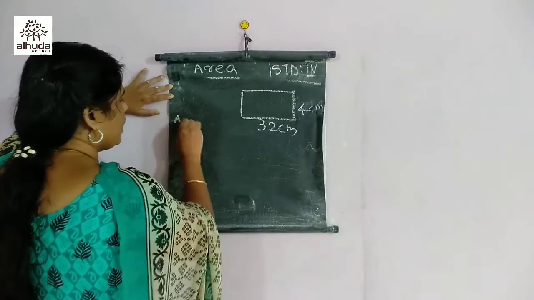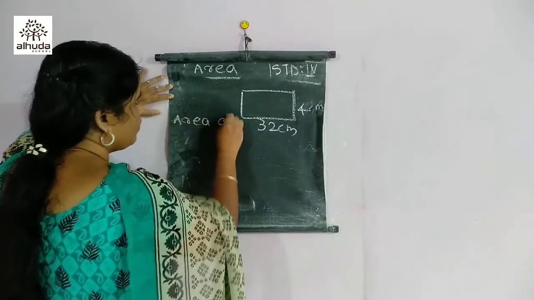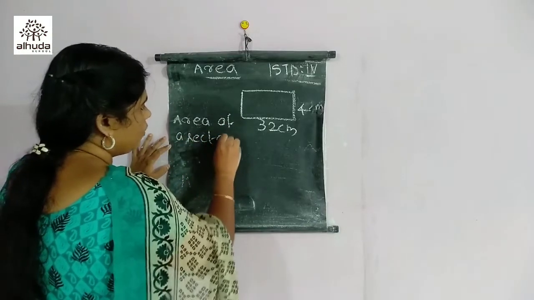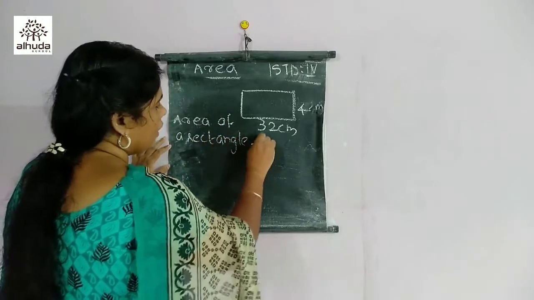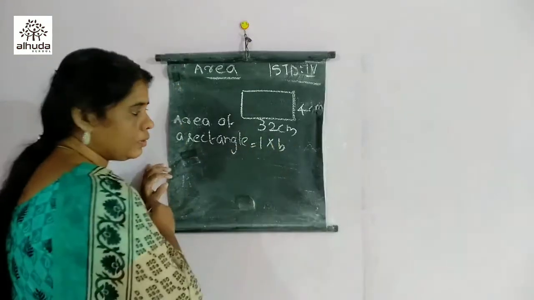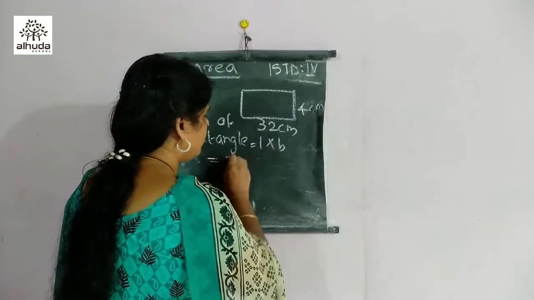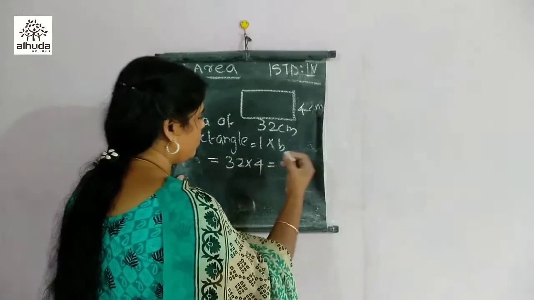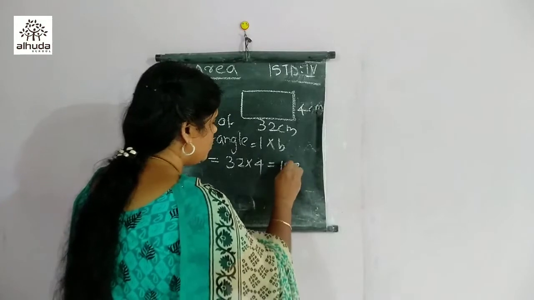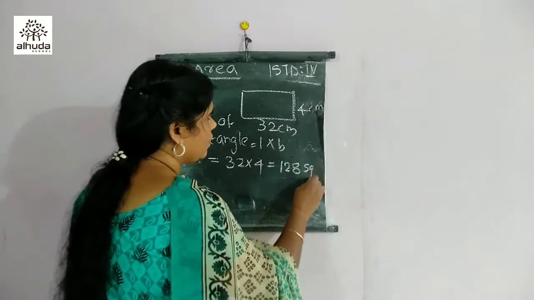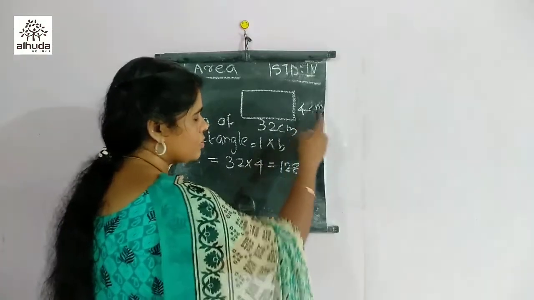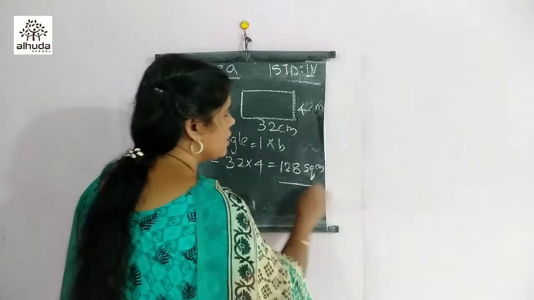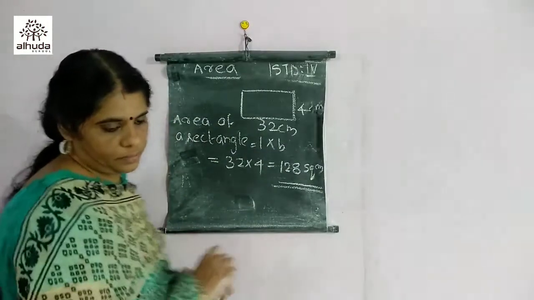Area of a rectangle is equal to, you should first write the formula, length into breadth, L into B. Length is 32 and breadth is 4. So 32 into 4: 4 2s are 8, 4 3s are 12, that is 128. Here the unit is centimeter, so square centimeter. 128 square centimeter is the answer.